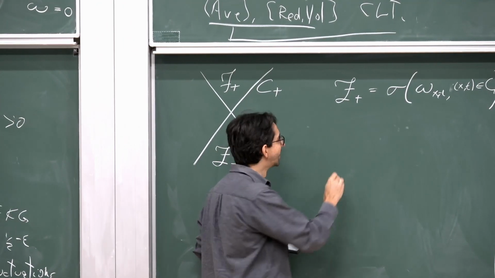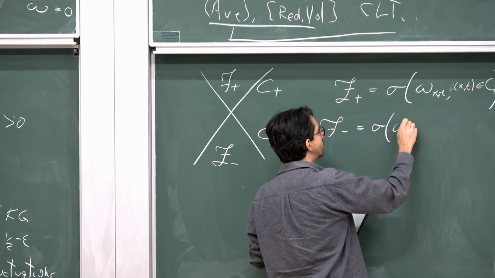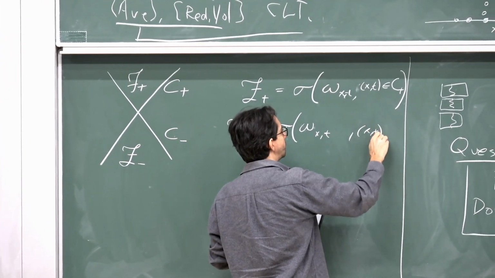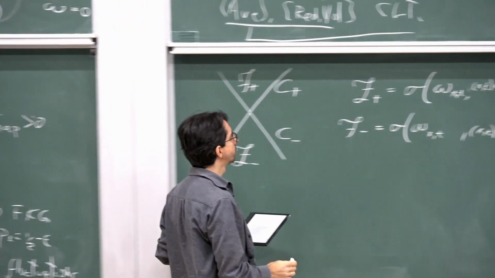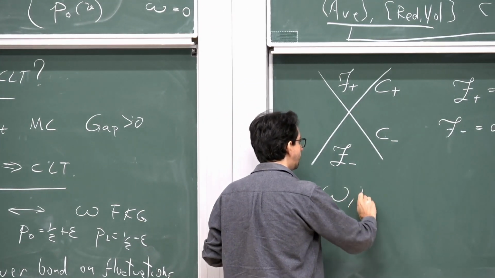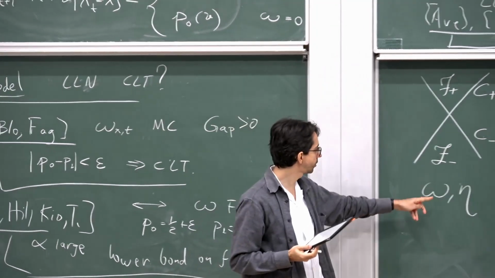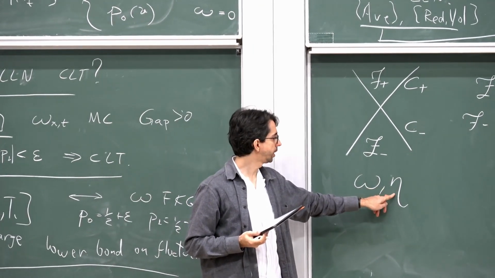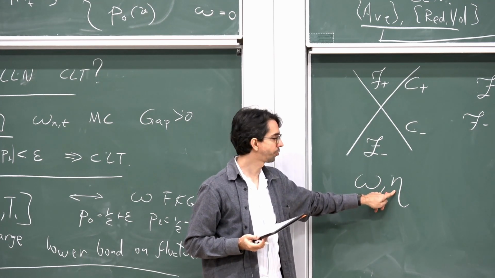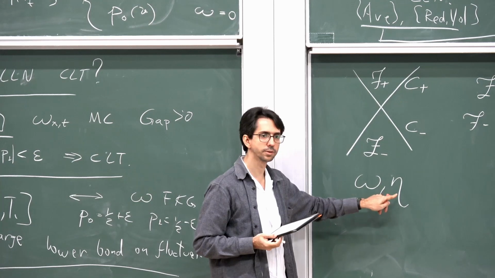F minus is different because we actually need to build the second environment. So we have this environment already, right? So we need the user of this theorem to define a second environment that's also ergodic, also translation invariant, also 0, 1.